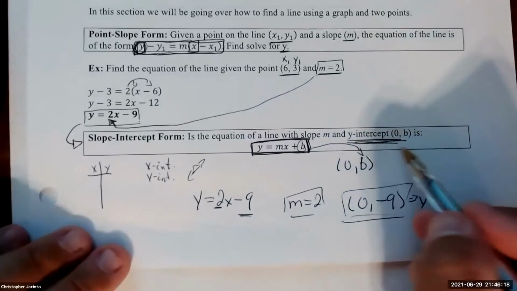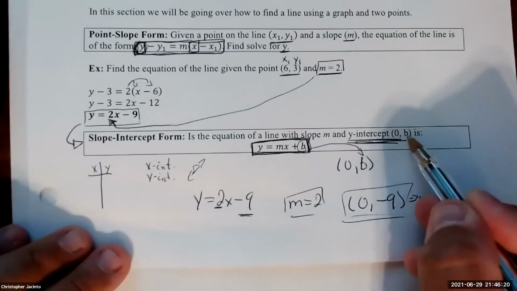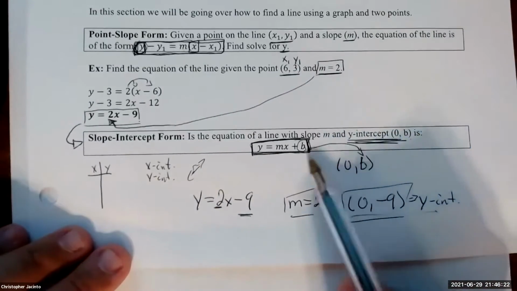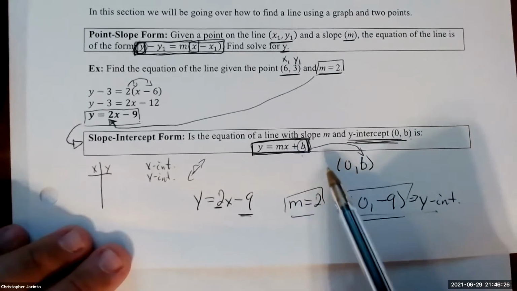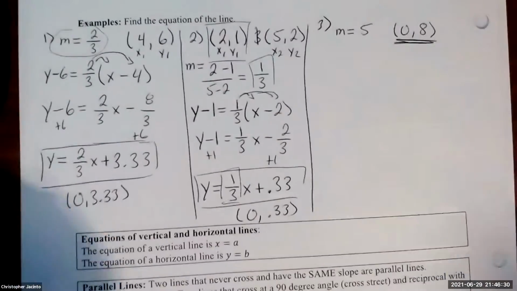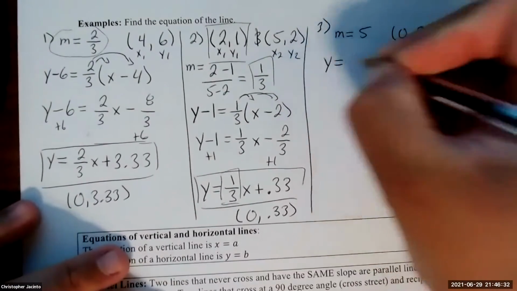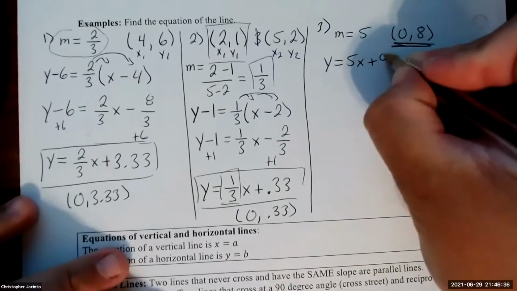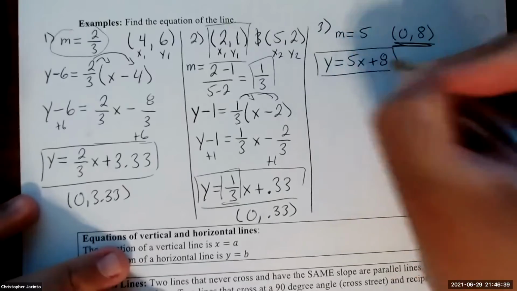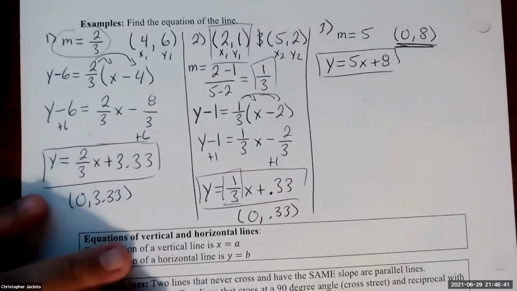So remember, whenever you have a point that's 0, comma b, or 0, comma number, that's your y-intercept. Meaning, you don't have to do any math, you just plug in the numbers where they are supposed to be. So, in other words, all I'm going to do is plug in the m, which is 5x, plus the b term, which is just 8. And look at that. Voila.